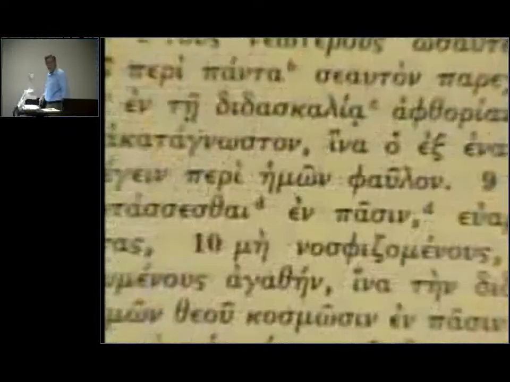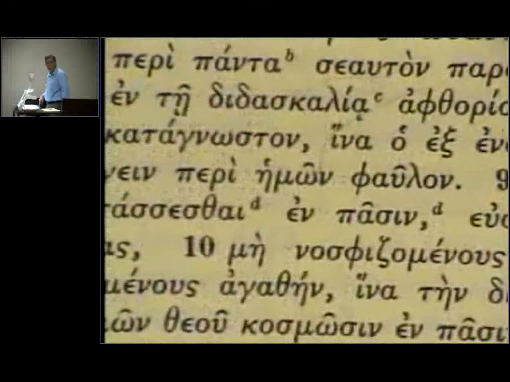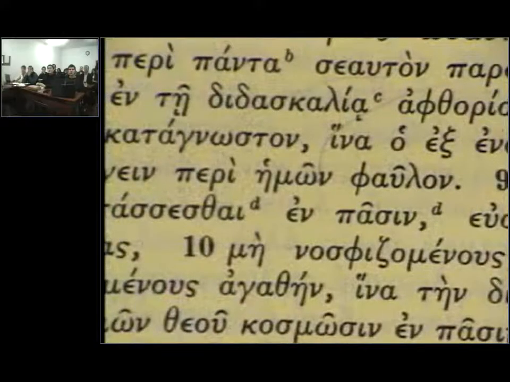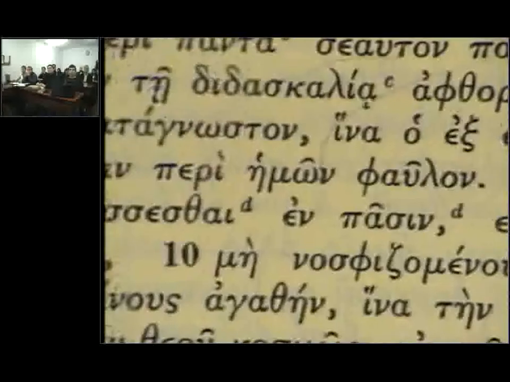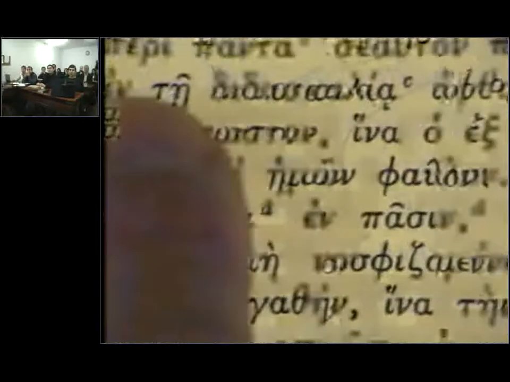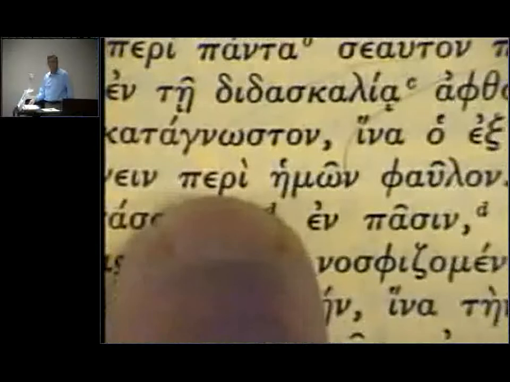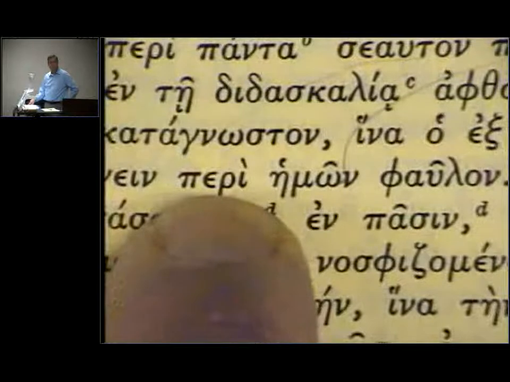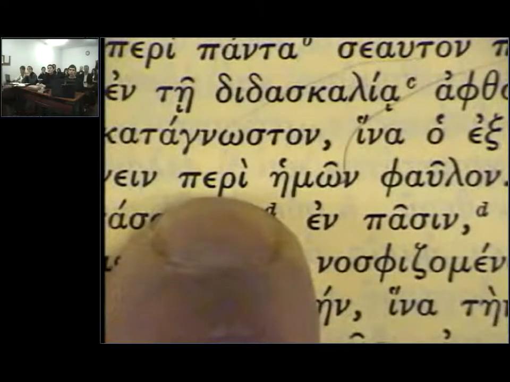Now, I'm teaching you the kind of Greek letters that are in the printed Greek New Testament. See, when we look at this modern printed Greek New Testament, we can look at this word right here, peri.